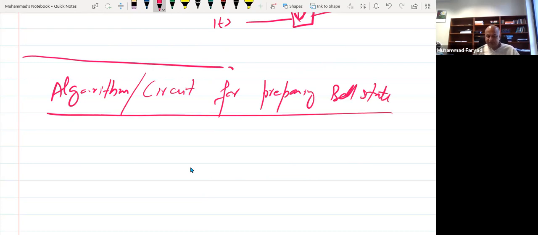So our goal is that we want to prepare this Bell state, 0 0 plus 1 1 and so on.